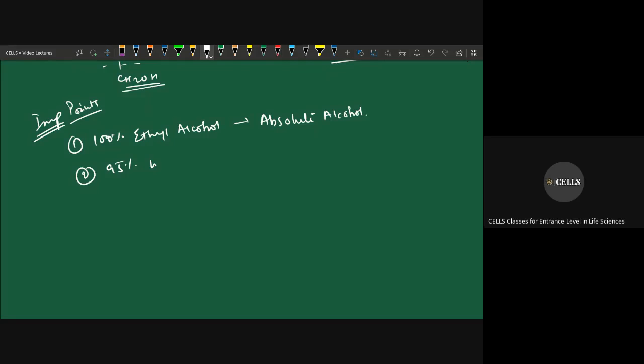So 95% absolute alcohol plus 5% water, it is the spirit.